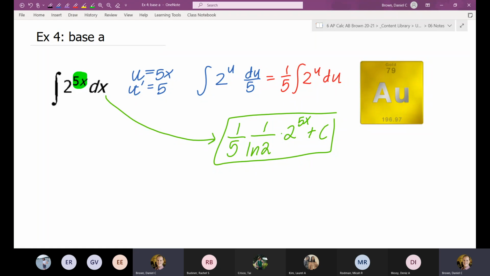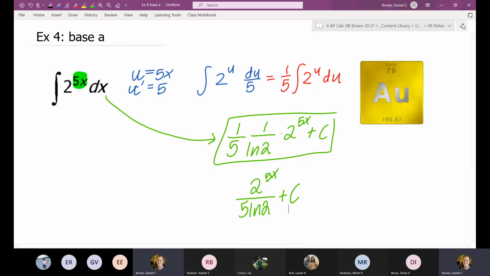That's how I tend to write the answer, because I like clearly seeing all the coefficients. But this answer would have also been fine if you just think of it as a single fraction. Those two answers are completely identical. I know the first one looks longer, but it's just the one I prefer to help me see all the parts a little bit more clearly. Any questions on that one?